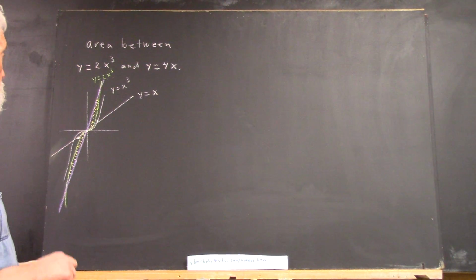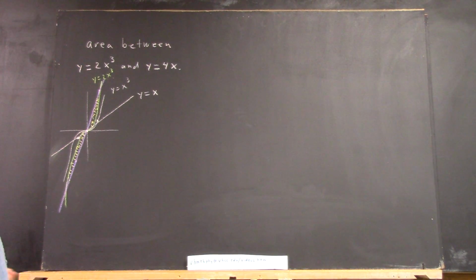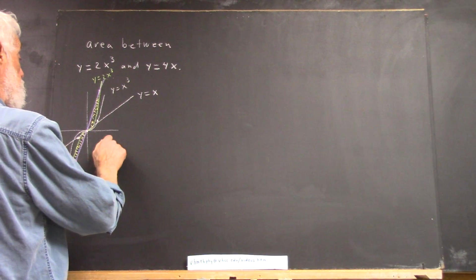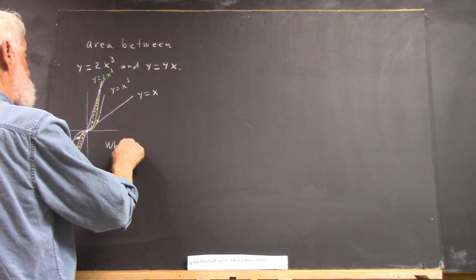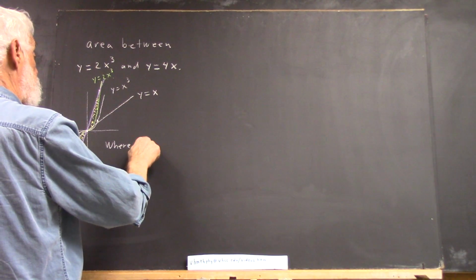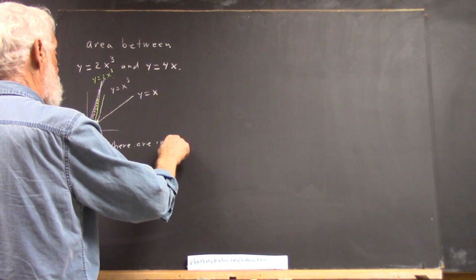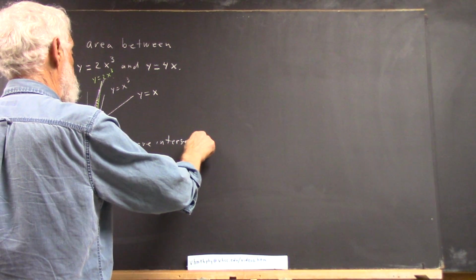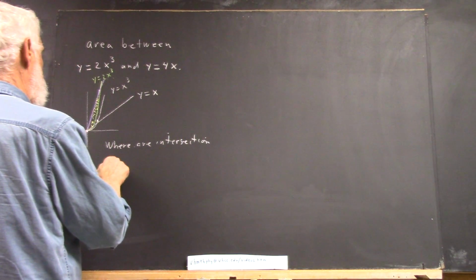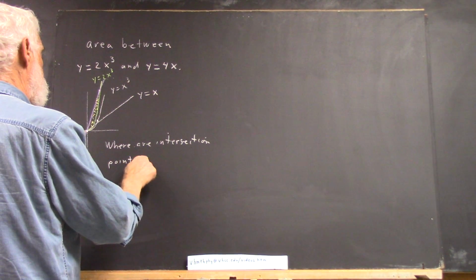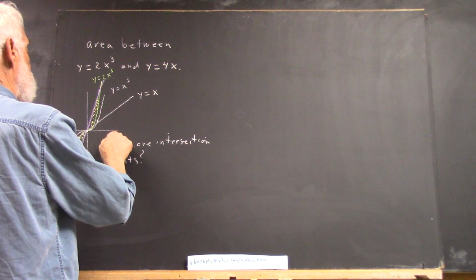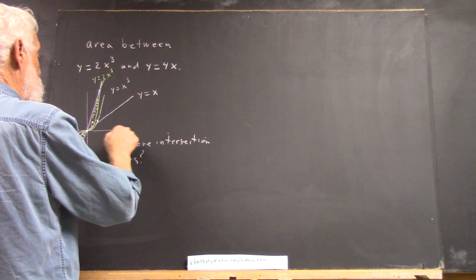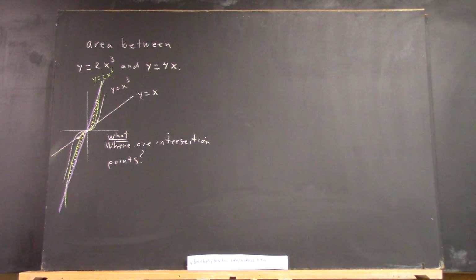Okay, well, once we understand that, the question is, where do they intersect? I really mean, what are the intersection points? Okay? So see if we can figure that out.